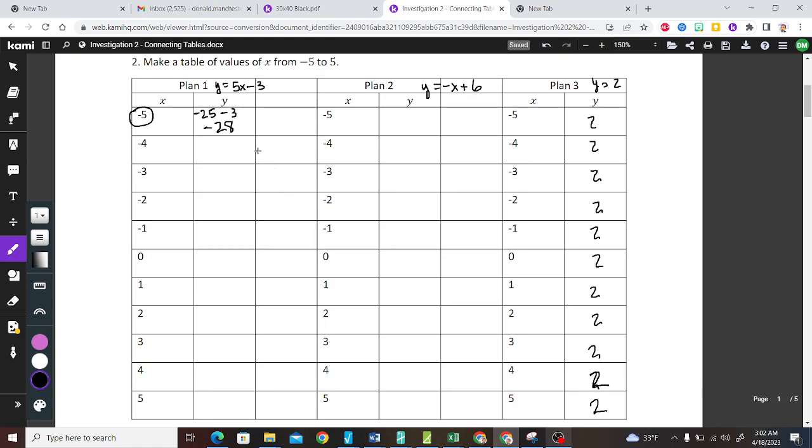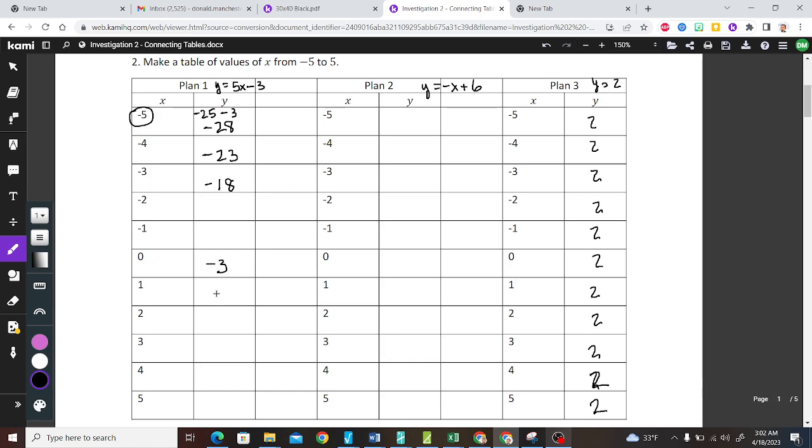Now, if you can recall, our rate of change is 5. So this next one would be negative 23, and then negative 18. All I'm doing each time is adding 5 because our rate of change is 5. However, some of you were able to stop and go, wait a minute, our starting value is negative 3.